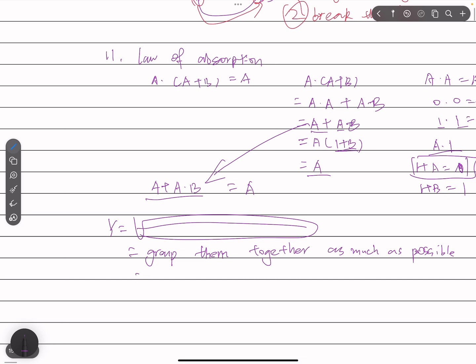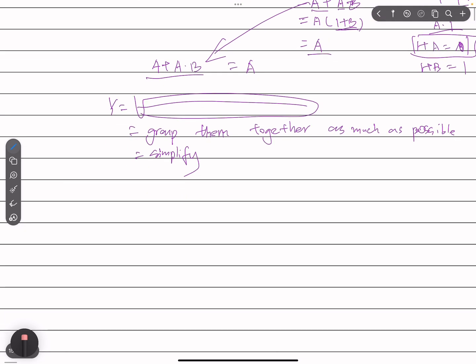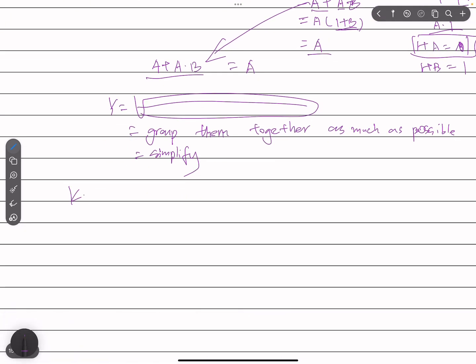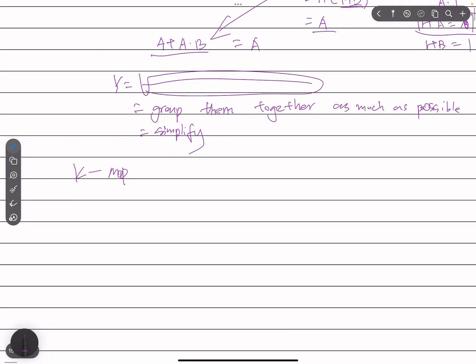That means simplify. And for the K-map, it's just another way to help us simplify the Boolean expression.